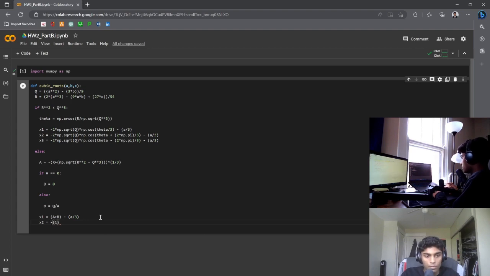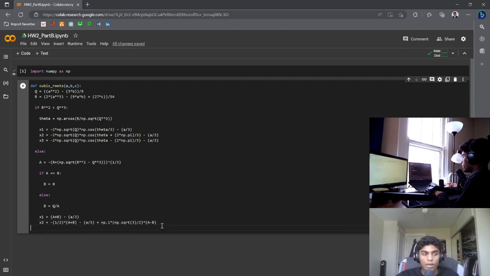Our x2 is going to equal negative 1/2 times a plus b, minus a over 3, plus, we're going to use imaginary numbers, so 1j, and it's going to be root 3, so np.sqrt of 3 over 2 times a minus b.